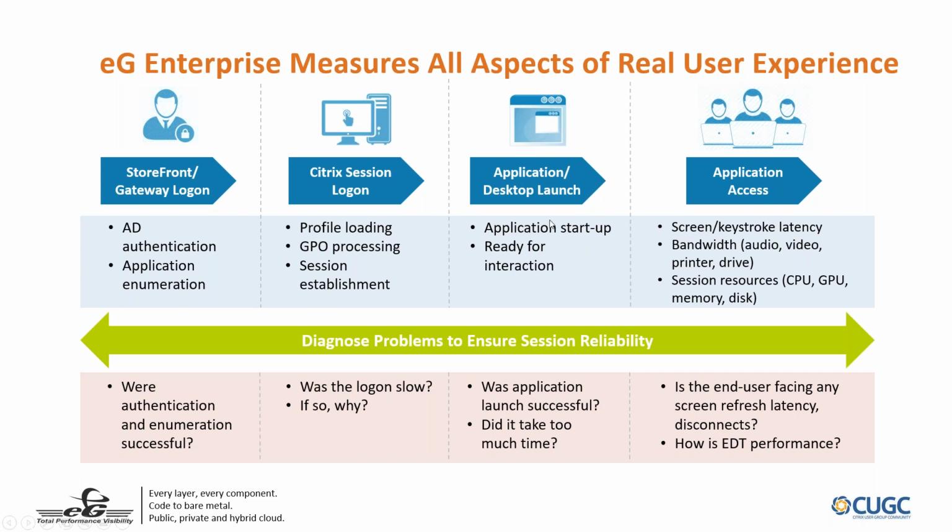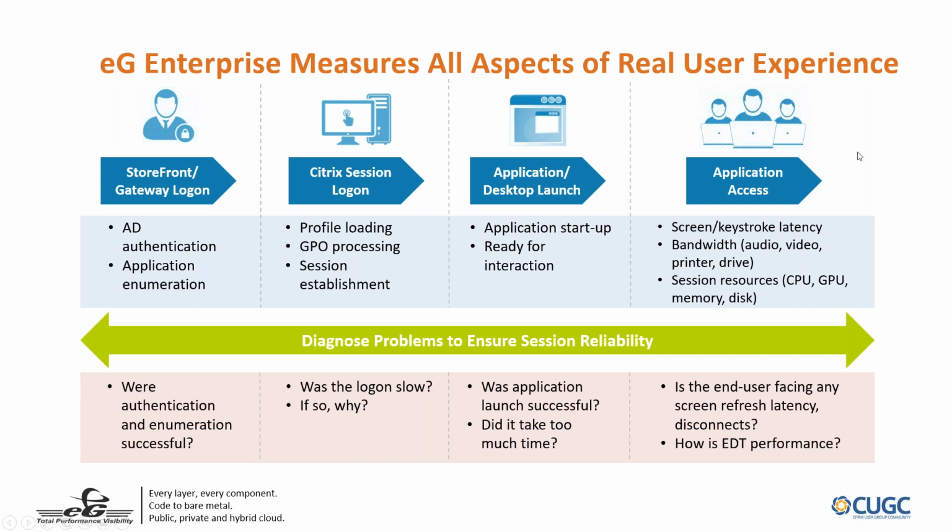And then launching the desktop or the application should also be monitored so that you can figure out what part of that needs to be improved. And then finally, when the user gets access, they're going to have an HDX or EDT session going, and we're able to monitor and break down those channels for you.